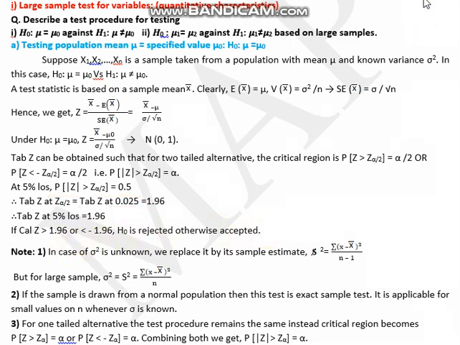If my calculated value of z is greater than 1.96, then I reject my null hypothesis, otherwise I accept the null hypothesis.